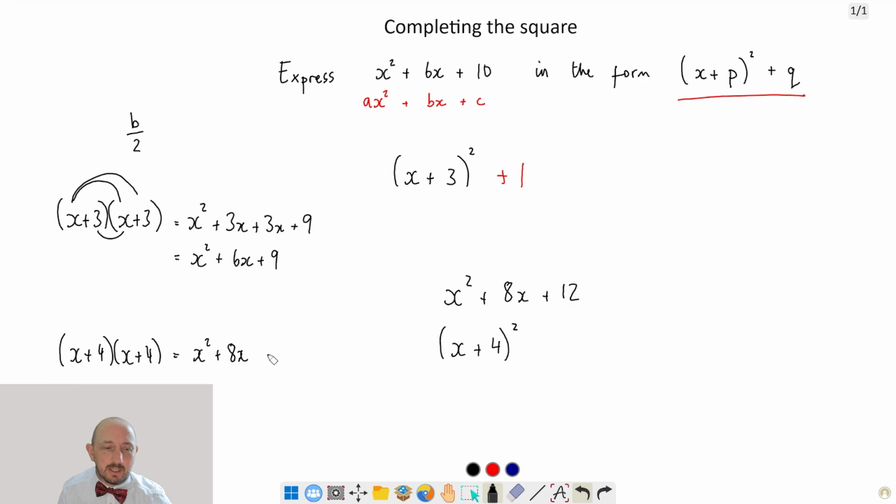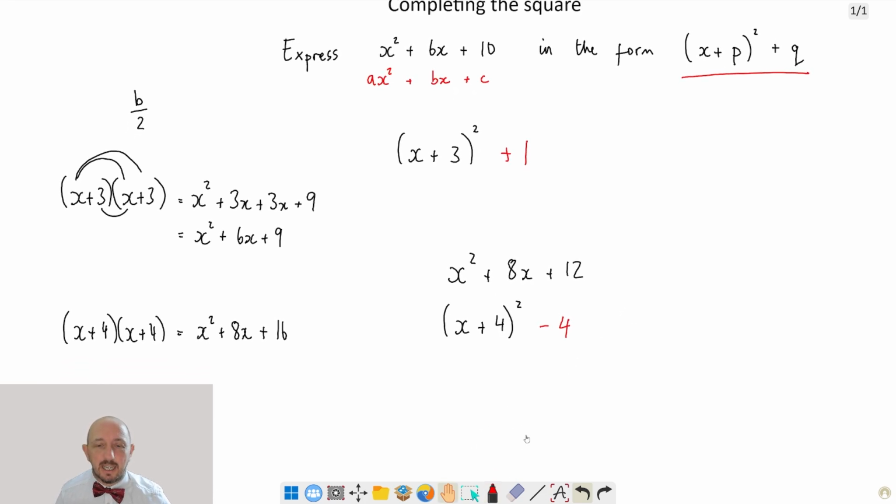And the last term is going to be 4 times 4, which is 16. So this double brackets here would give us x squared plus 8x plus 16, and we only want 12. So we have to remove 4, subtract 4, in order to make that balance. So the 16 take away 4 gives me the 12.